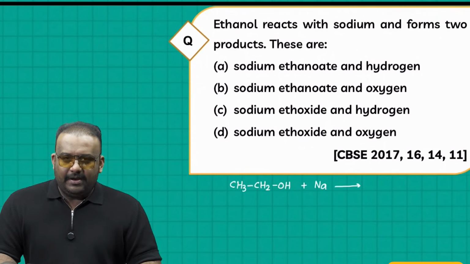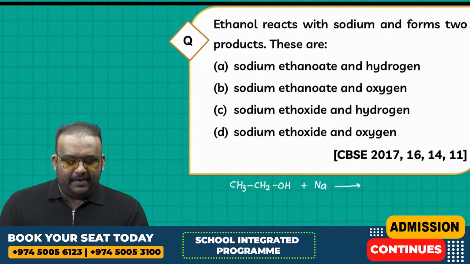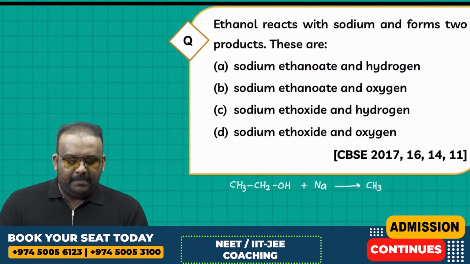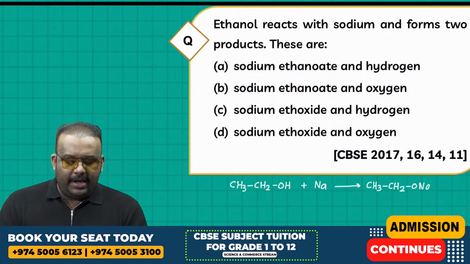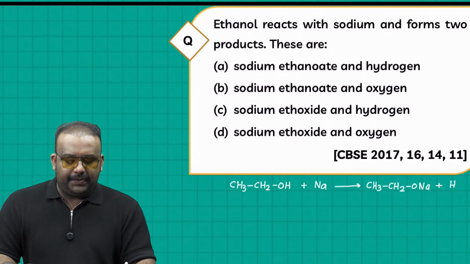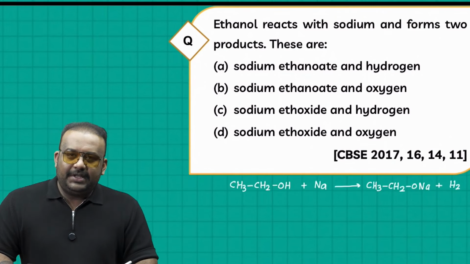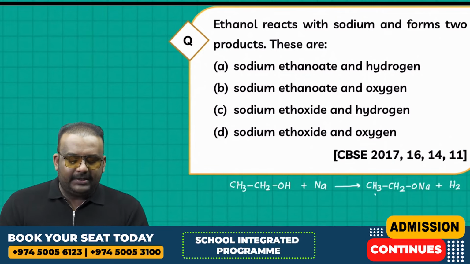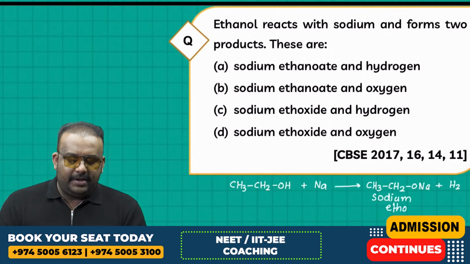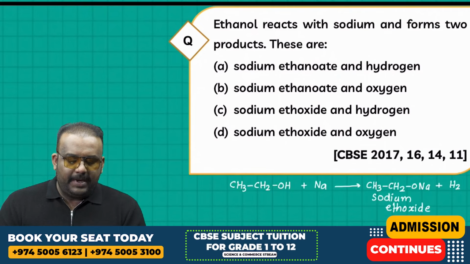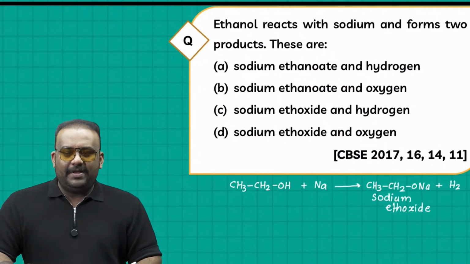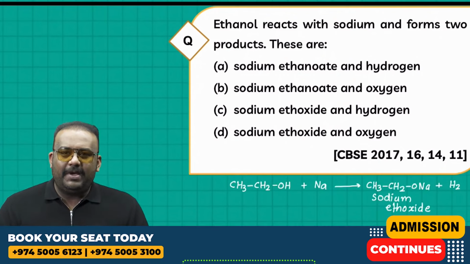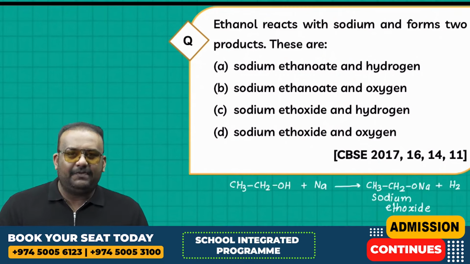You all know that ethanol will react with sodium to form CH3CH2ONa plus H2. CH3CH2ONa is called sodium ethoxide. Sodium ethoxide. So, when ethanol reacts with sodium, we can say that sodium ethoxide and hydrogen gas is formed.